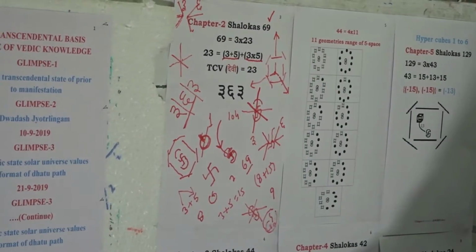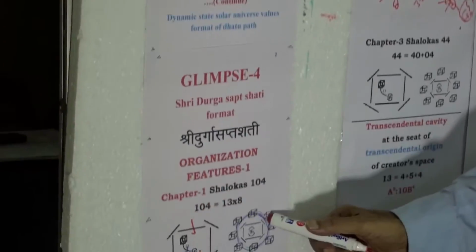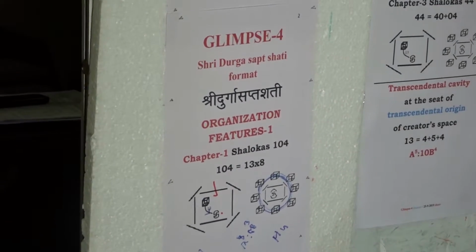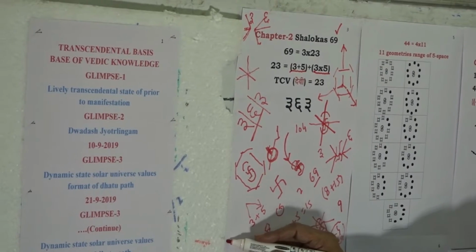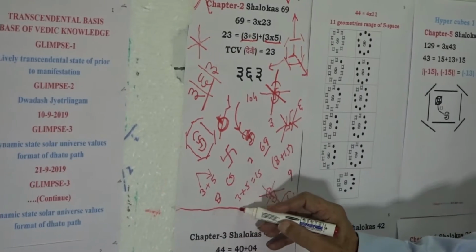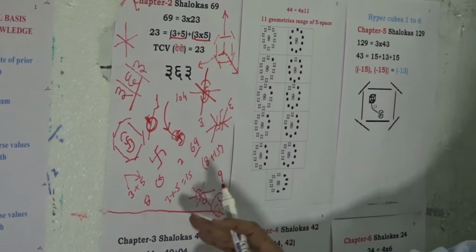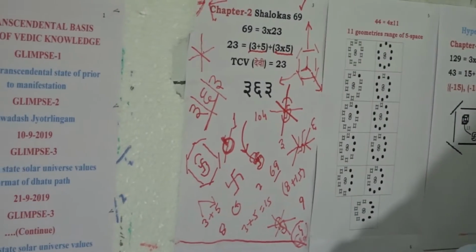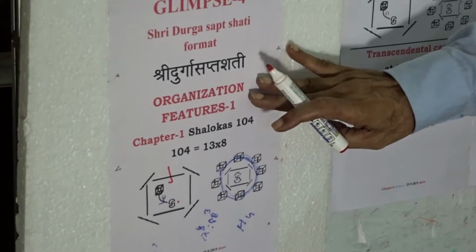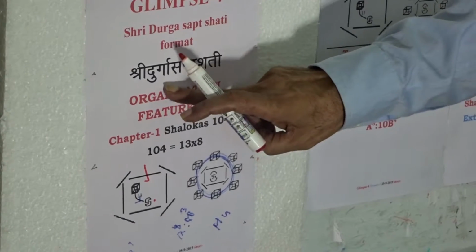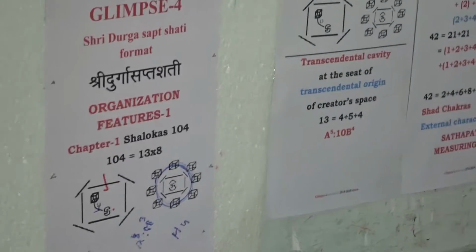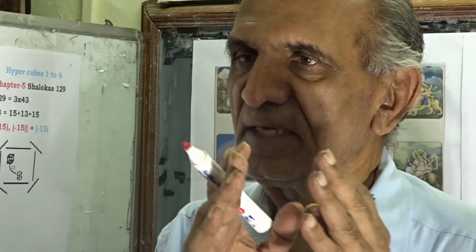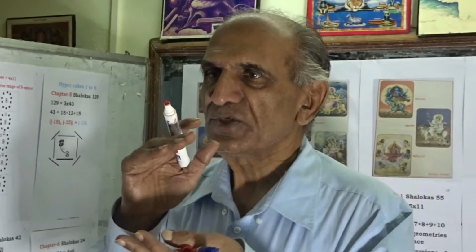A transition from this 104 value to value 69 is the feature which deserves to be comprehended, and it is with this comprehension we will be face to face and we will be parallel to the organization features of the text of Shri Durga Saptasati. We are chasing initially in terms of the shlokas ranges of the chapters.